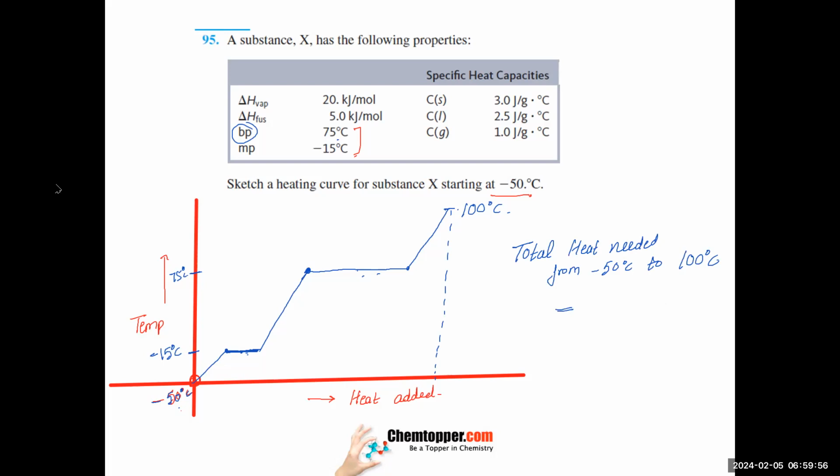Check here. I'm using different colors to indicate different types of heat. This one is one type of heat. This is just raising the temperature of the solid. Then this one is doing melting, phase change.